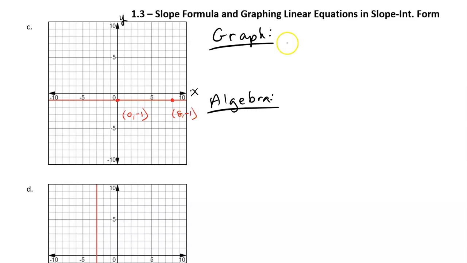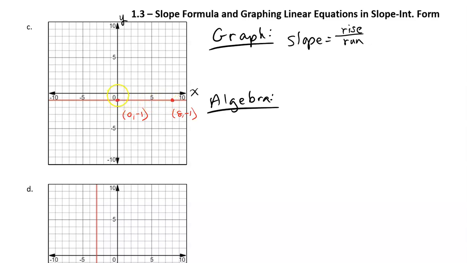Let's find the slope in the rise over run version. So let's calculate the rise. So from one point to the other, this will be my first point, this will be my second point. How far up am I going to get to this point over here?